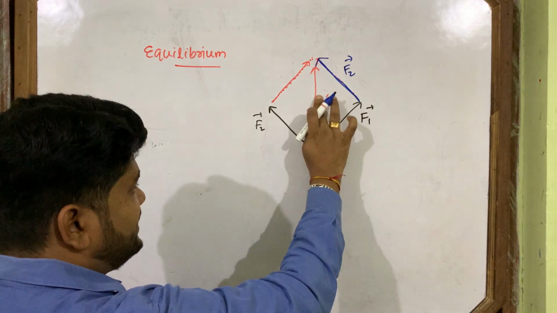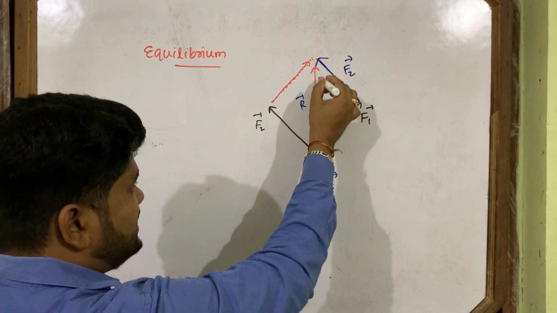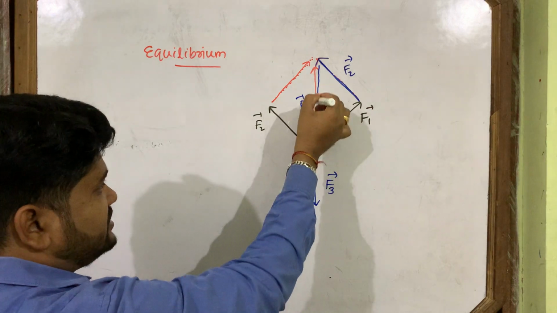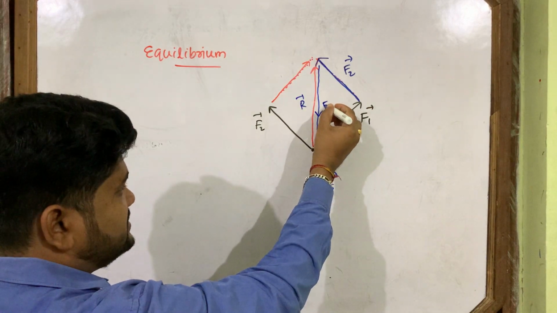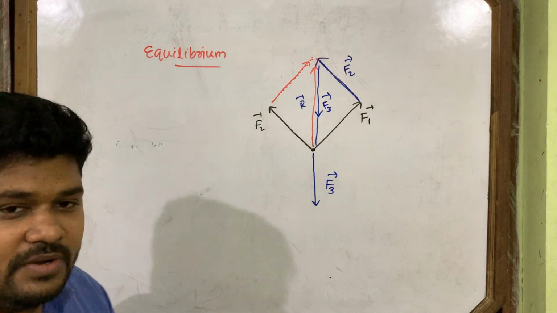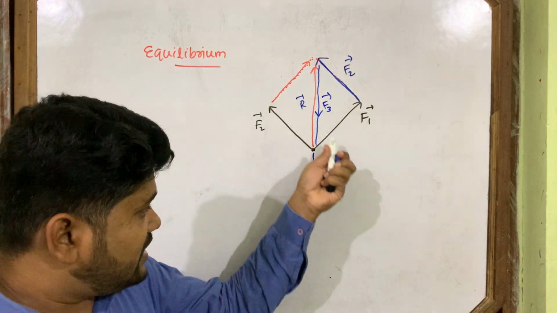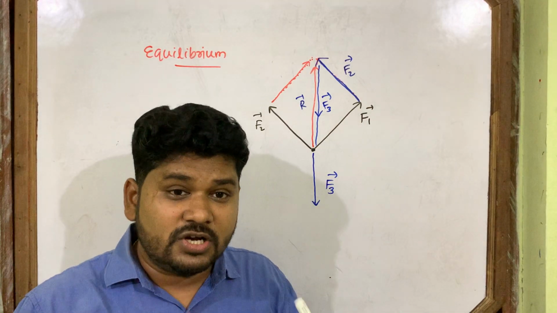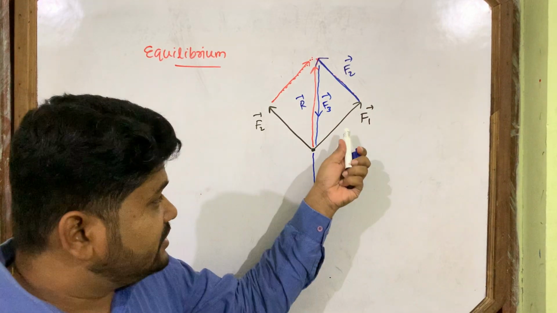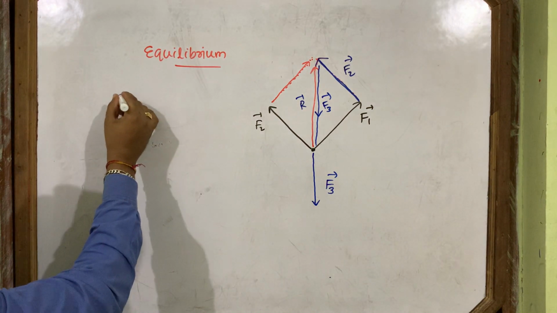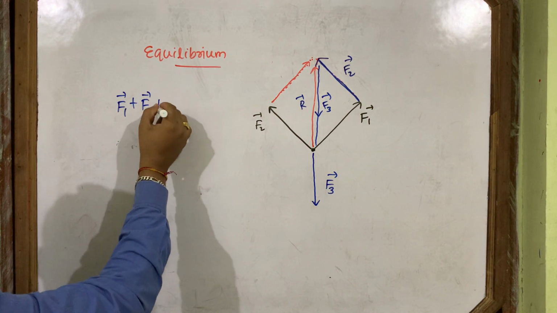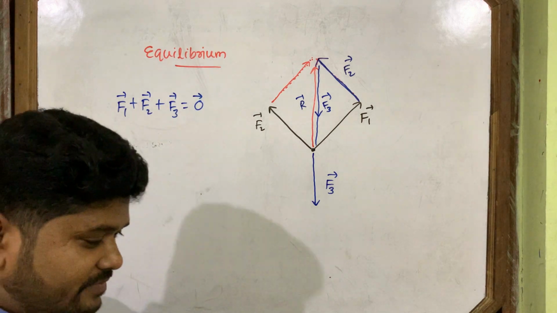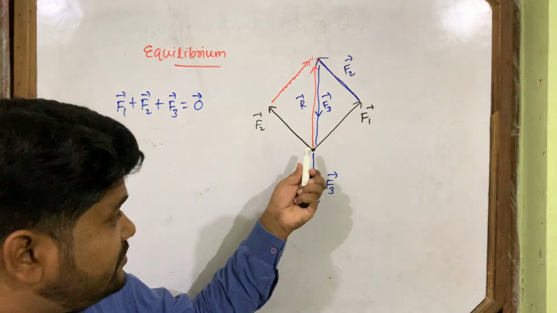The resultant direction is upward and this vector direction is downward. As I showed you, F1, F2, F3, the three vectors cause equilibrium, means the vector sum of F1, F2 and F3 is equal to 0. So the point is in equilibrium.